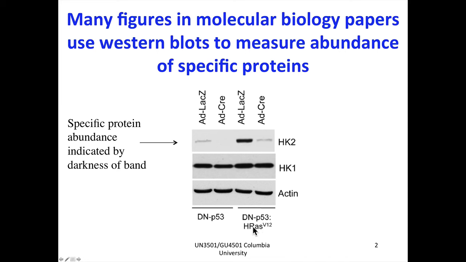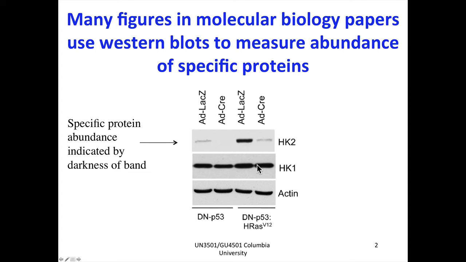Well, in the next 2 lanes, they're treating these cells with this mutant HRAS protein. So it's got a V12 mutation, which makes it mostly active all the time and makes it oncogenic. And so these 2 samples, in response to that HRAS V12, show a change in hexokinase 2 level.